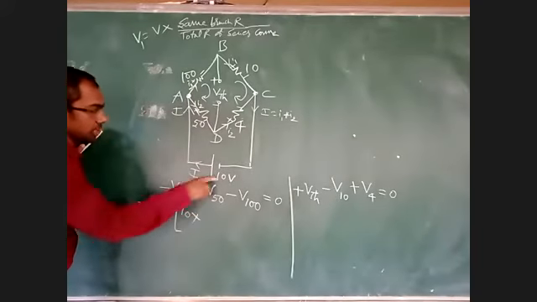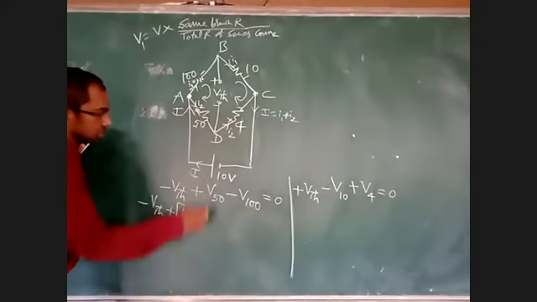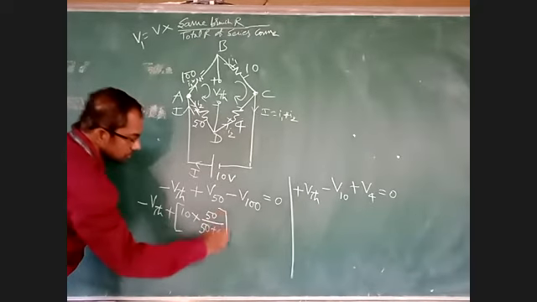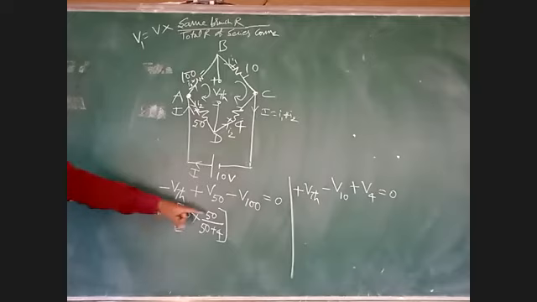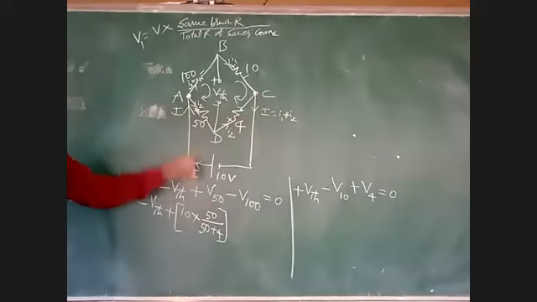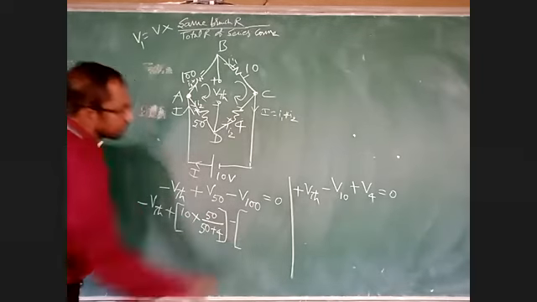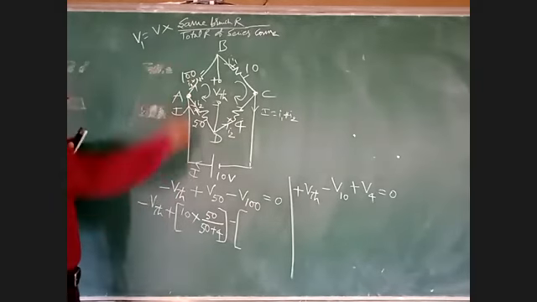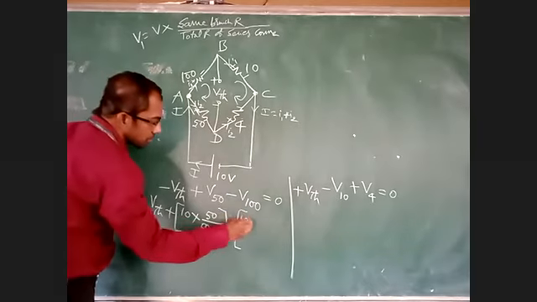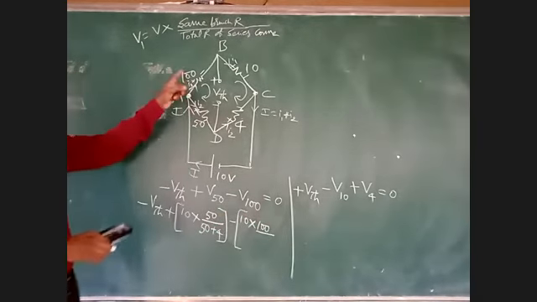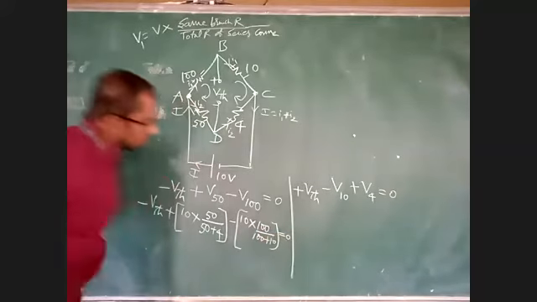Voltage in 50 ohms is total voltage into same branch resistance 50 by total resistance of series connection, 50 plus 4. Minus voltage in 100 ohms is total voltage 10, same branch resistance 100, by total resistance of the series connection.